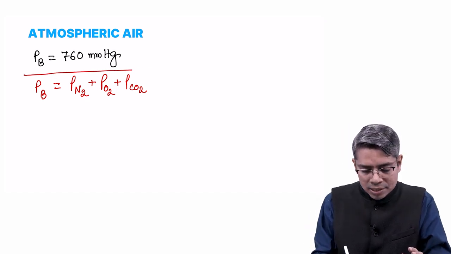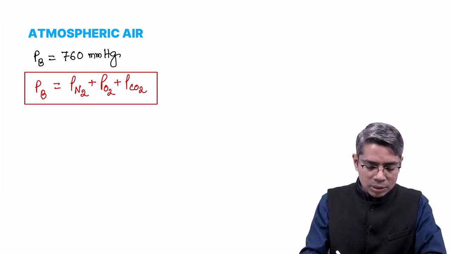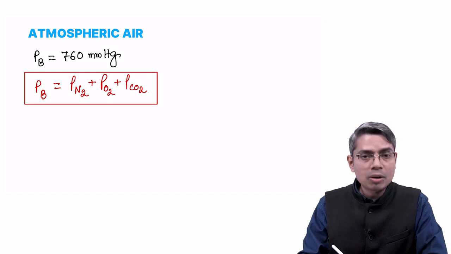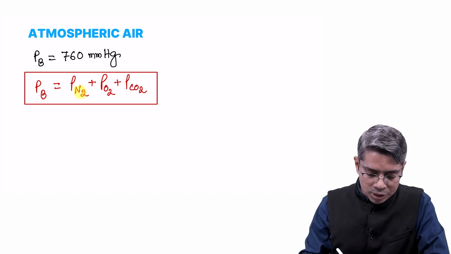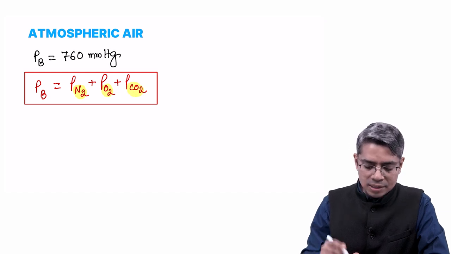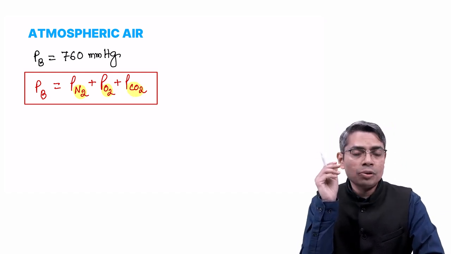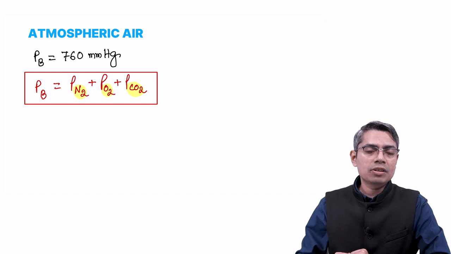Dalton's law is saying that the total pressure of a gas mixture is equal to the sum of the partial pressures of the component gases. And what are the component gases present here? Nitrogen is a major component, oxygen is another major component, and carbon dioxide is another component. So, if I ask you, what is the composition of the atmospheric air? What is the percentage of these gases?